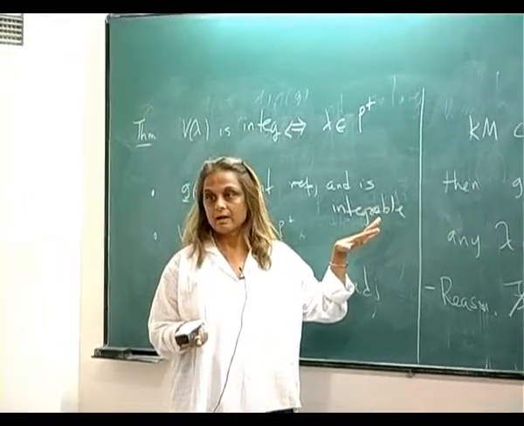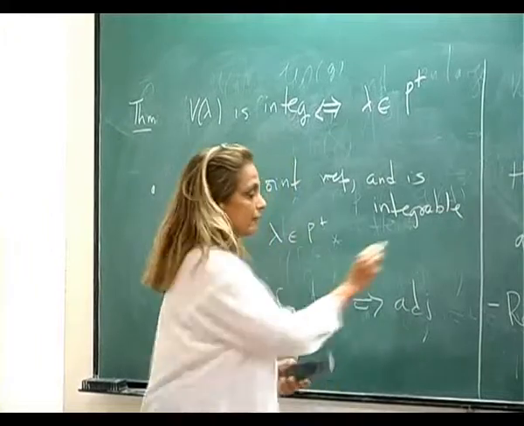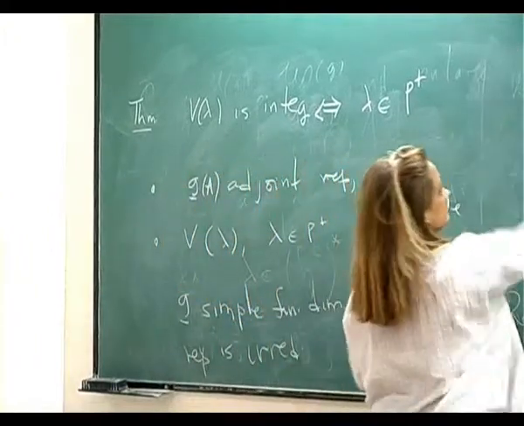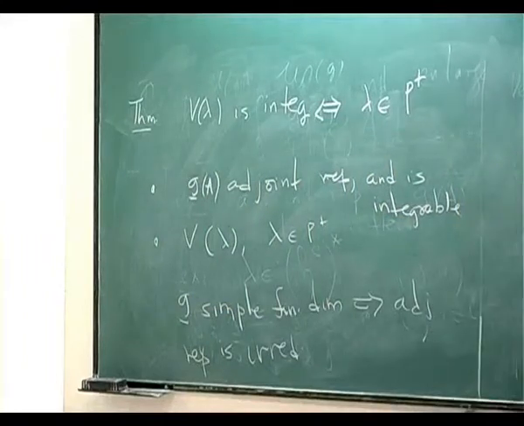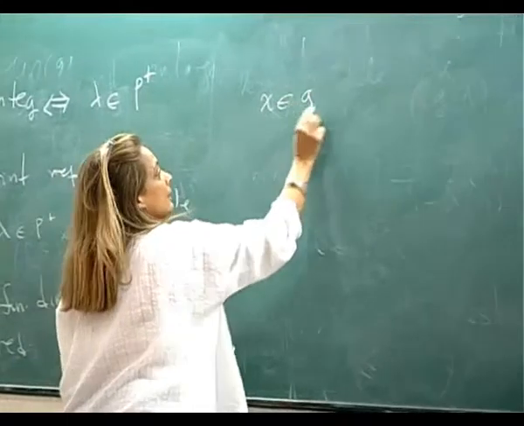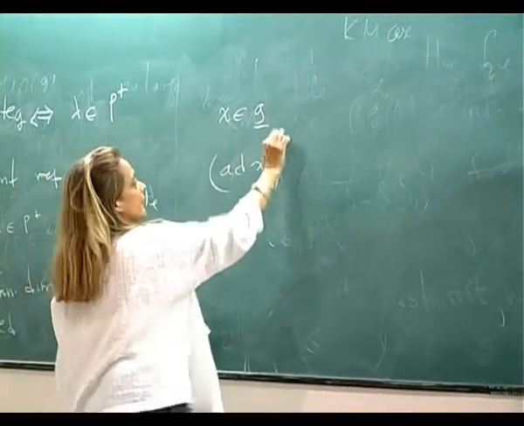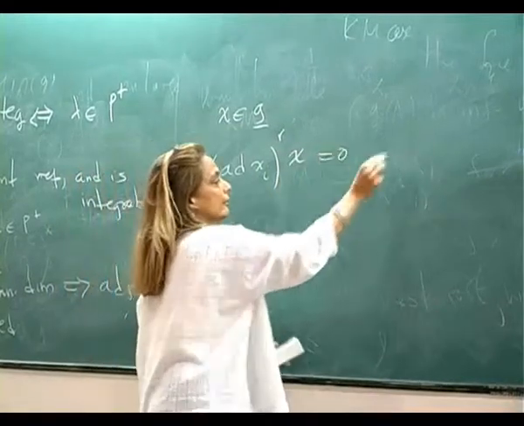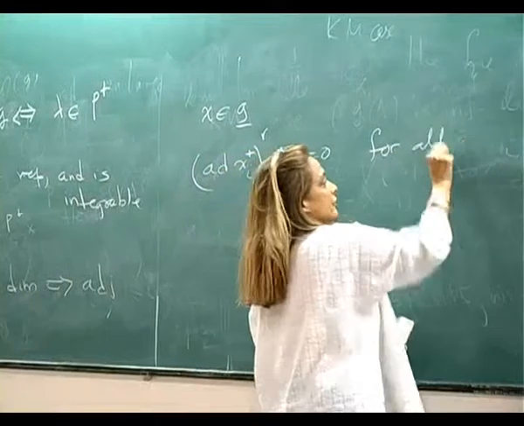Right. So I have to say that if I take any element x in G, then ad x_i to the power r applied to x equals 0, for instance ad x_i plus, for all r sufficiently big.